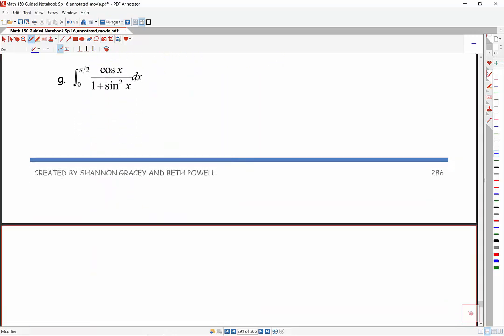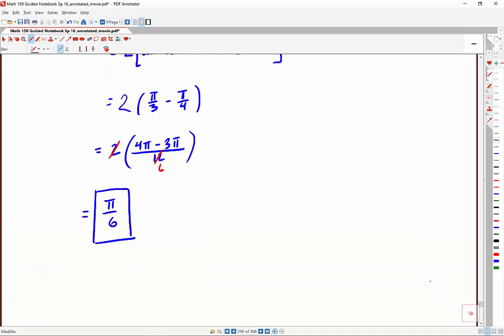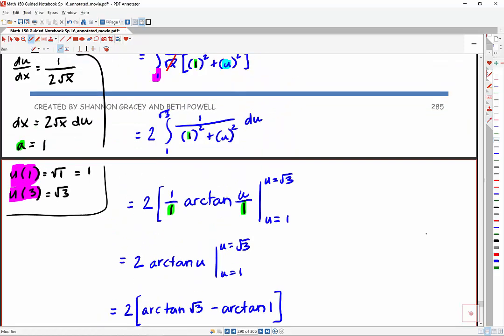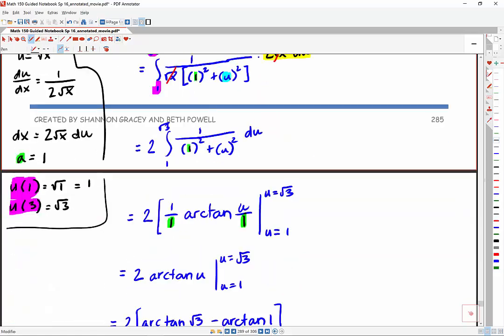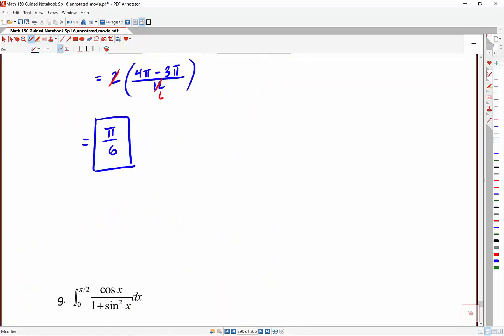So let's see how we do for this guy. All right, let's see how you did. So here, again, I'm seeing kind of an arctangent potential, right? Just like here, you had a situation where you could write something in a squared plus u squared in the denominator with no radical.